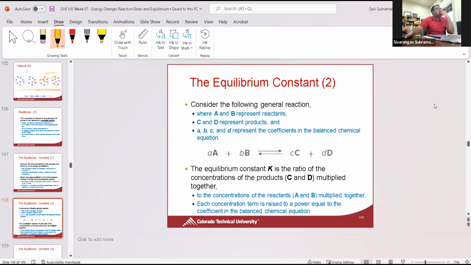Okay, so generally, these are some of the concepts I want you guys to take away, because we're going to be using this equilibrium constant.